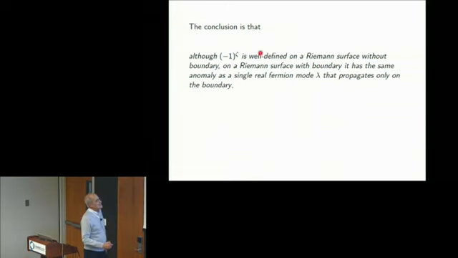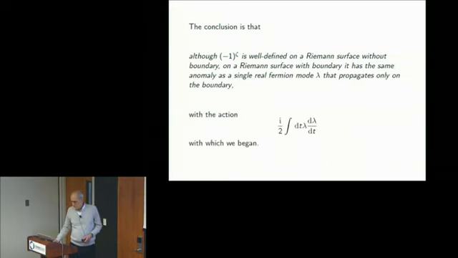So minus 1 to the zeta is well defined on a Riemann surface without boundary, but on a Riemann surface with boundary, it has the same anomaly as a single real fermion mode lambda that propagates only on the boundary. So that sentence is actually true. I just misread it. It has the same anomaly as the anomalous boundary theory that we started with.